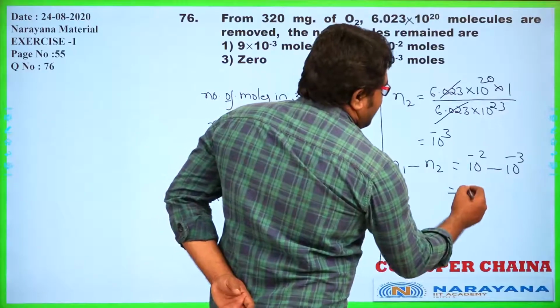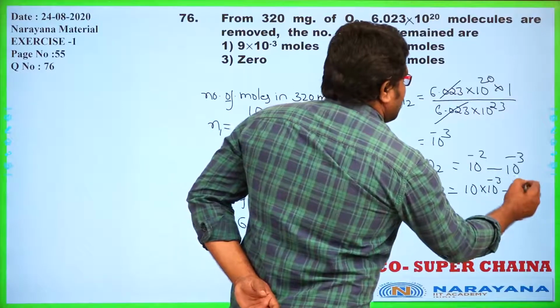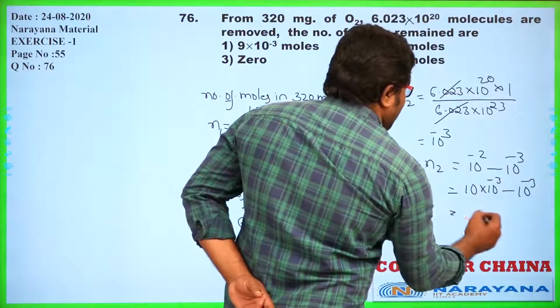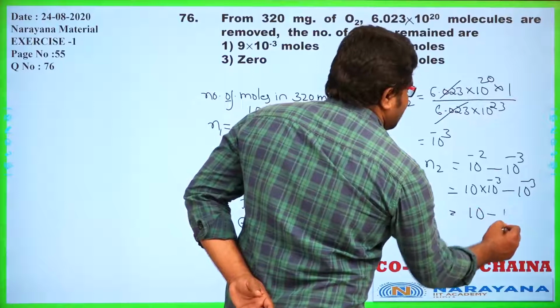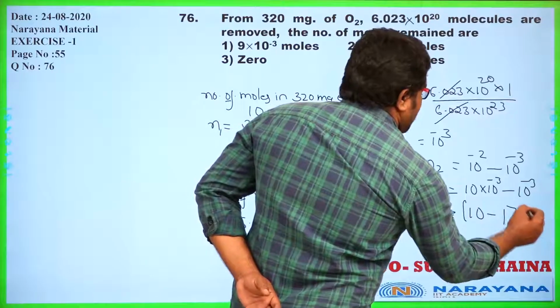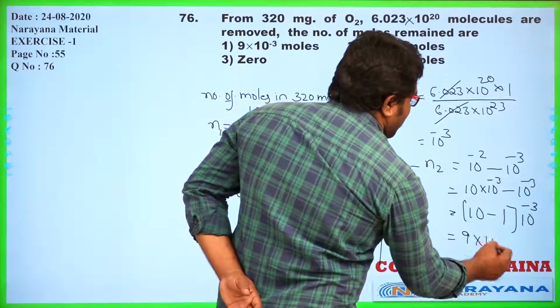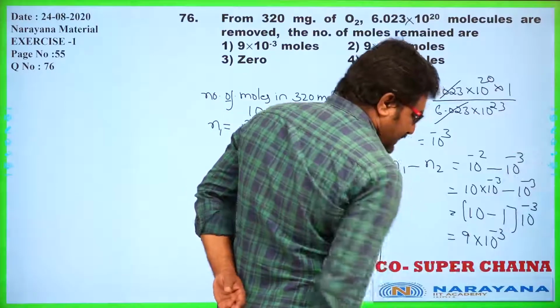So, here I write this as 10 into 10 power minus 3 minus 10 power minus 3. If 10 power minus 3 is taken as common, then that becomes 10 minus 1 into 10 power minus 3, so 9 into 10 power minus 3.